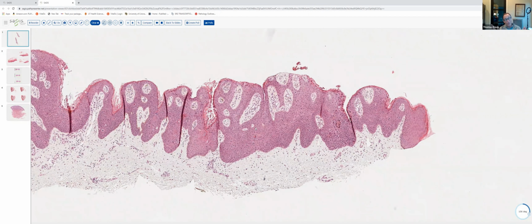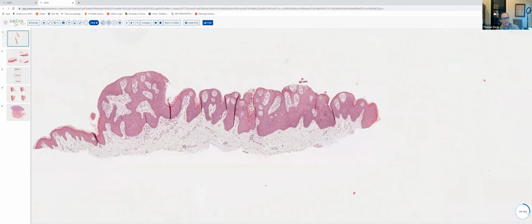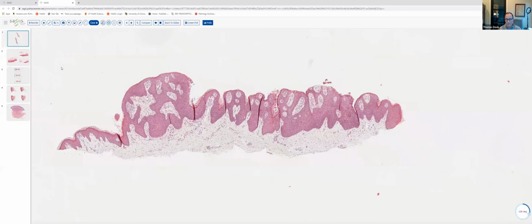The fact that we've got normal epidermis on either side of this shave biopsy specimen, coupled with the fact that it has the silhouette of a papillated acanthoma, should really lead you to consider the possibility of Bowenoid papulosis. From a histologic viewpoint, there's really not much of a way to distinguish those two.